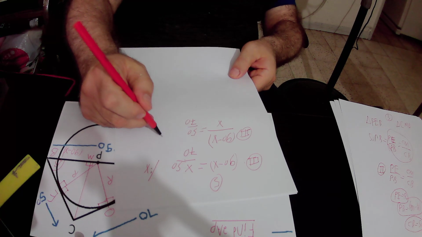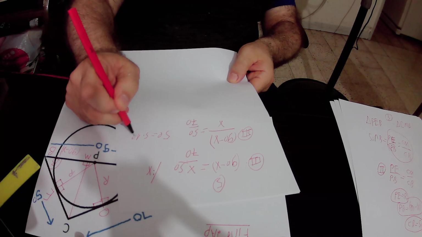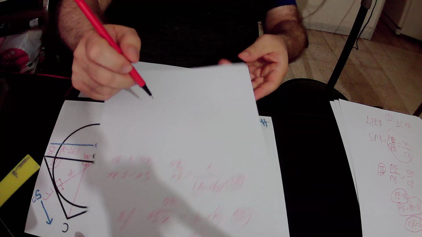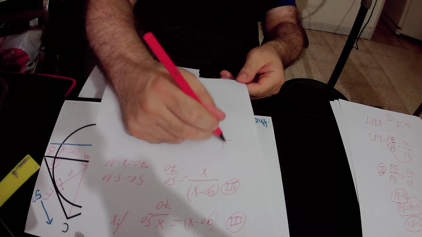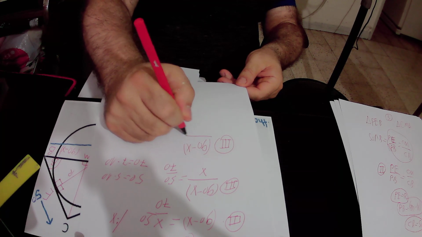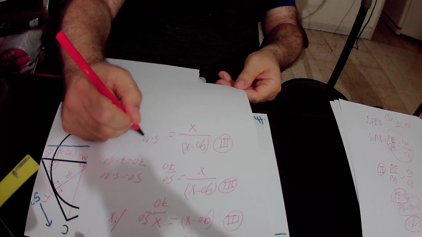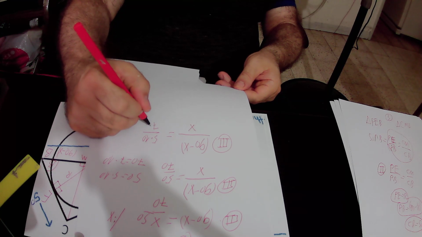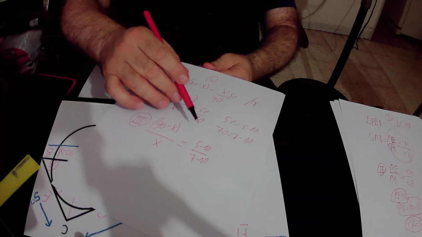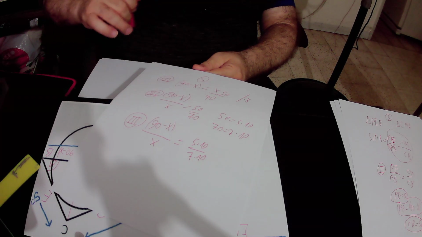Okay, I'll write it here. I substituted 50 by 5 times 10 and 70 by 7 times 10.